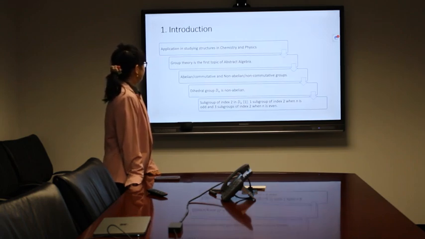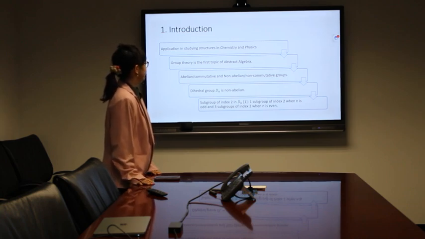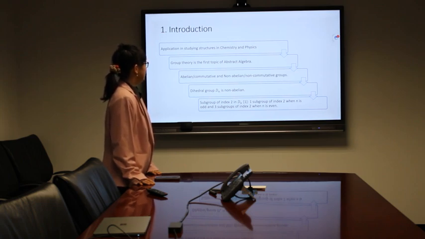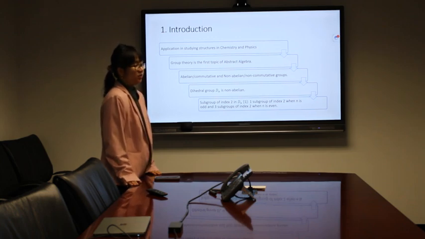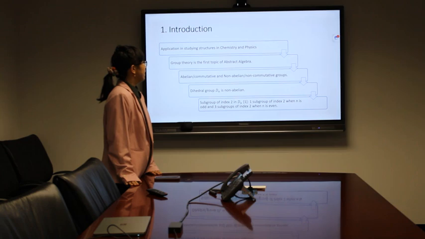Group theory is the first topic of abstract algebra. It studies the symmetry, the transformation, and the structure in mathematical systems. Although group theory is abstract by nature, it has huge applications in many areas beyond the mathematical field, including chemistry, physics, cryptography, and computer science.